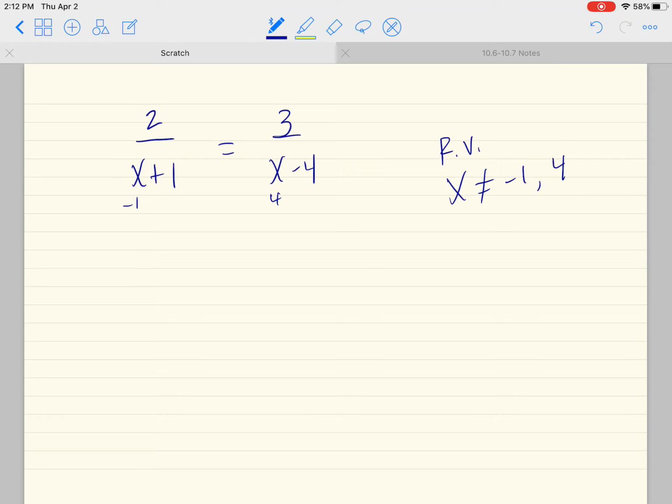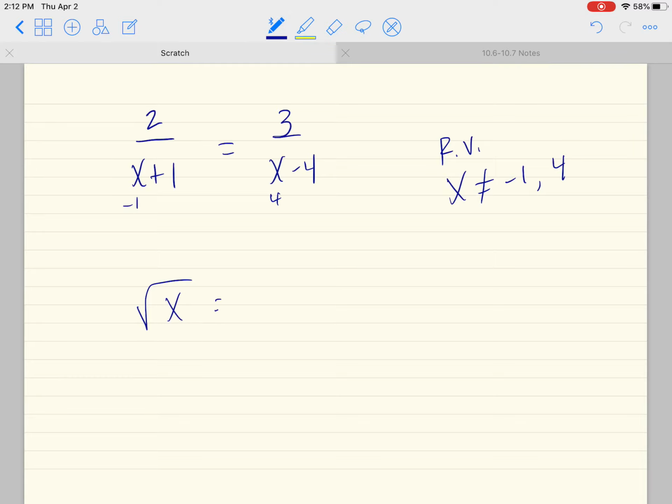And then if either the -1 or the 4 occurred as a solution, we couldn't actually count it as a solution, and we called it extraneous, right? So we have a similar concept happening here. Anytime we have a restriction, we have the possibility of having an extraneous solution.